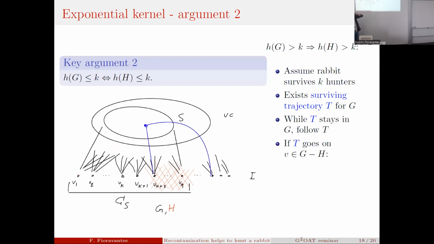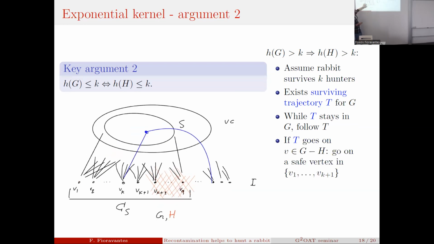If at some point the trajectory visits the vertices that we want to get rid of, well, there is an edge here, but there is also an edge like that. So instead, we say to the rabbit, go to one of those vertices. And here we have k plus 1 vertices and k hunters. So there is at least one vertex here that is safe during that round. And that's where we tell the rabbit to go. And then we continue following the trajectory that survives G.